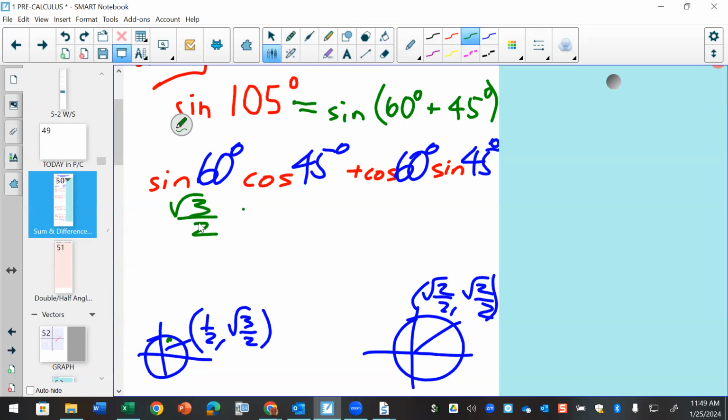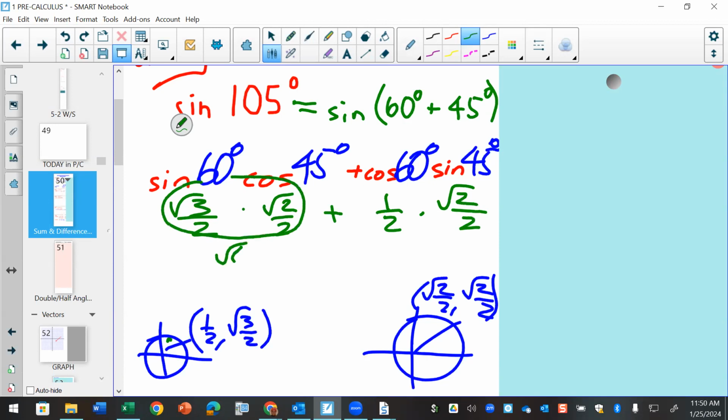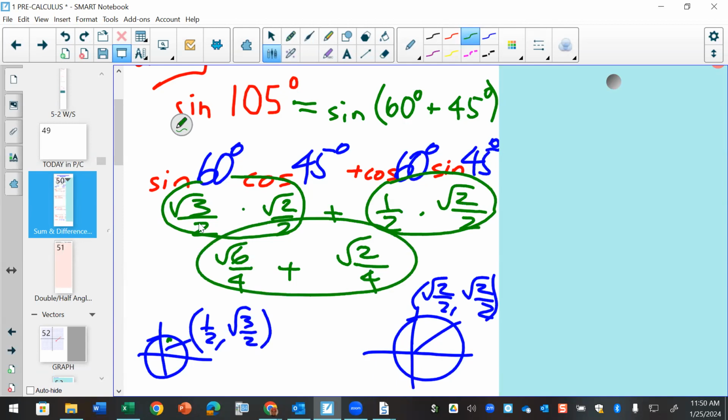Cosine 45, same as last problem, is square root of 2 over 2, plus cosine over here at 60 is the 1/2. And sine 45, same as last time. So am I right? Final answer will look a little bit familiar. What's this? Square root of 6 over 4 plus square root of 2. There you have it. Okay.